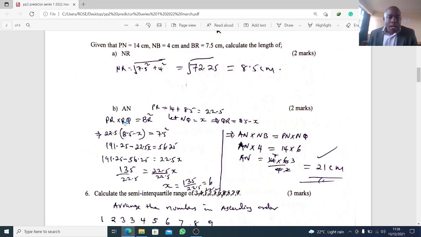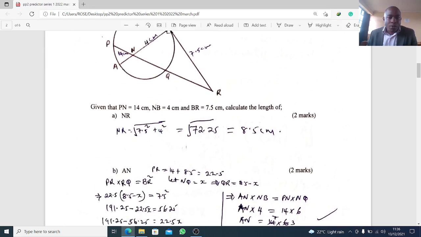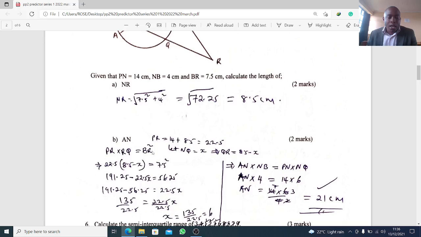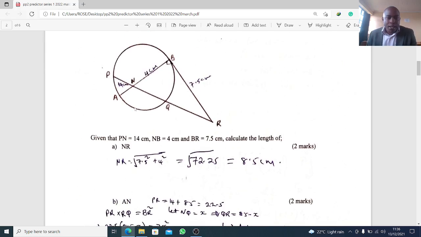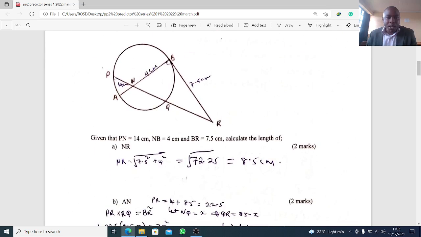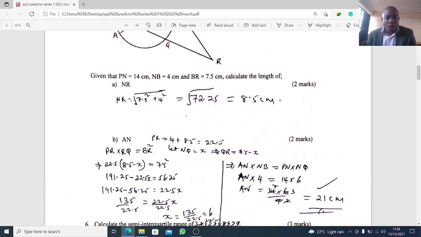That is PR times RQ equals BR squared. We know that PR is the whole line, which is 14 plus what we have found, 8.5, which gives you 22.5.